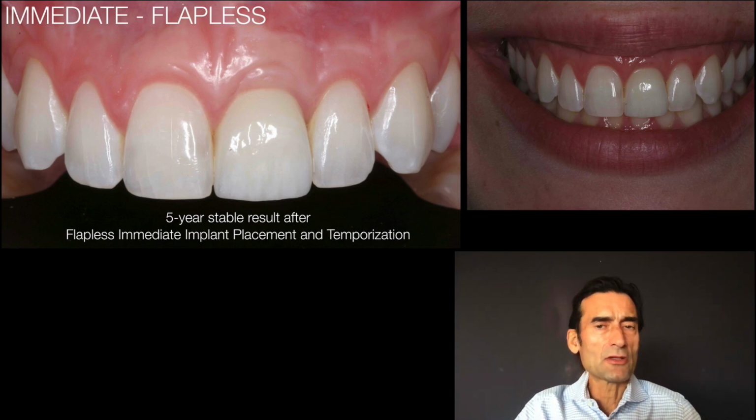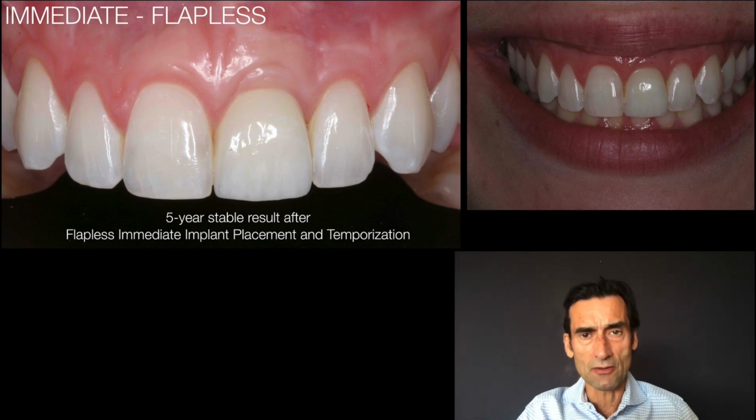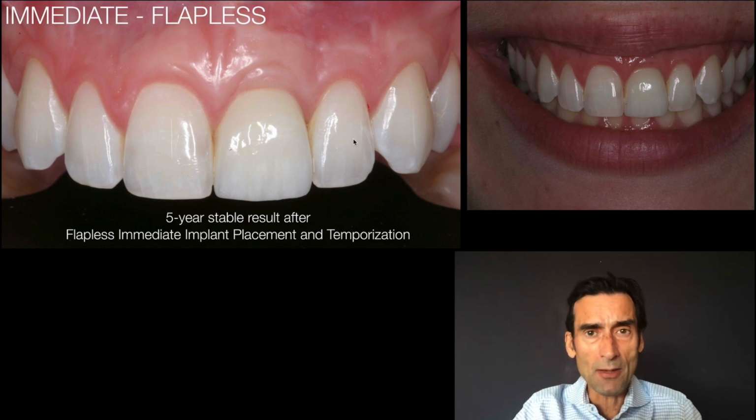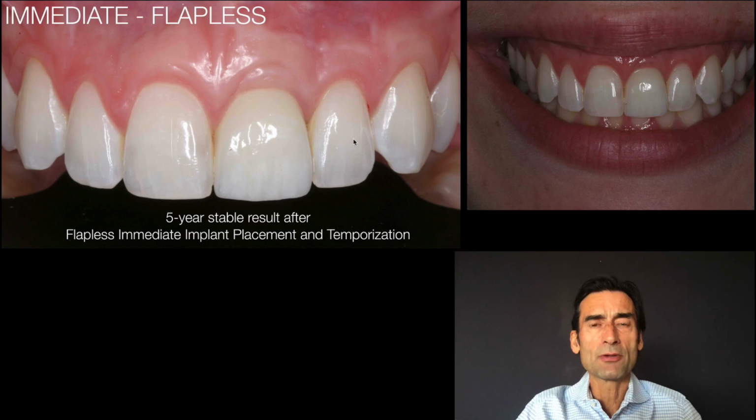Now, I'm just giving you some examples, right? Because you could say, well, in which indications can I do this? And in which cases can I be stable? Well, the truth is that from research and scientific documentation, and from my personal experience over many years, you can treat patients flapless, which means basically removing a tooth and a root and then placing an implant immediately into the socket, as long as you also preserve the site, so you support the buccal bone plate, you then add at the same time a soft tissue graft from the palate, as you can see here, and then you finish the case on that day with a custom abutment with a temporary crown, and then after the appropriate healing of the bone graft and of the soft tissue graft and of the implant osseointegration, we proceed to the final crown.